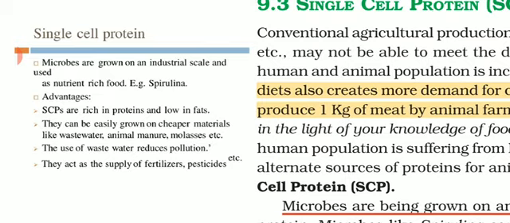Number first, they are rich in proteins and low in fats. You all know fats digestion is very difficult by our body. So they are rich in proteins. Number second, they can be easily grown, as I already talked about. They can grow on wastewater. Now the question may come in your mind that if we grow these kind of microbes on wastewater, do the toxins enter through the xylem? Answer is no.